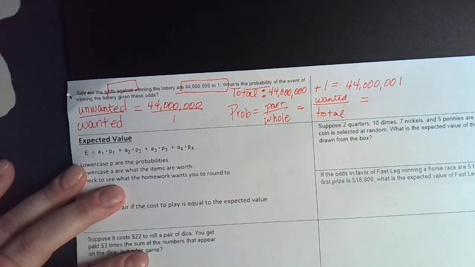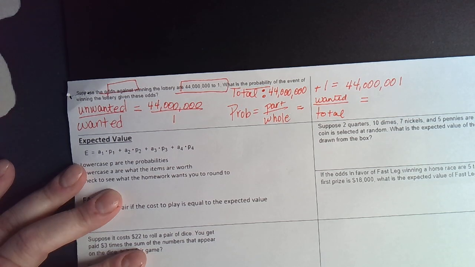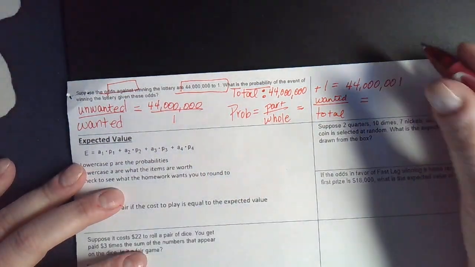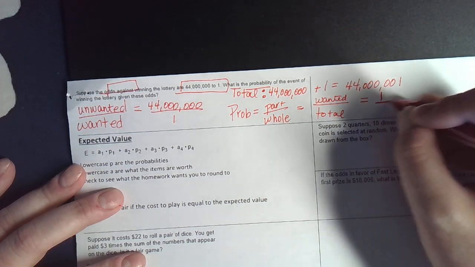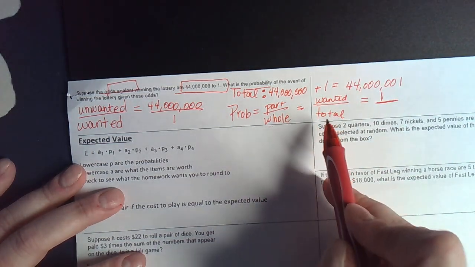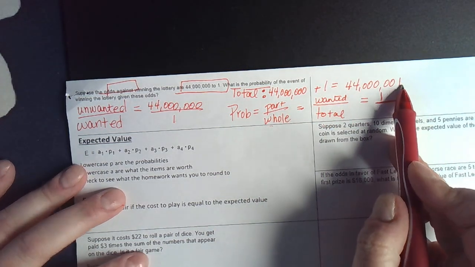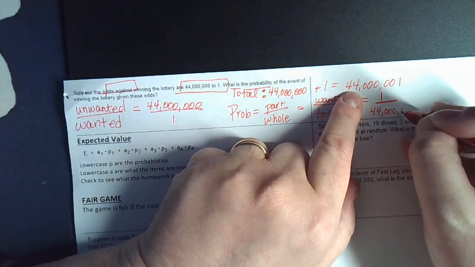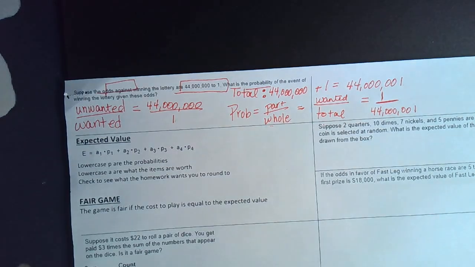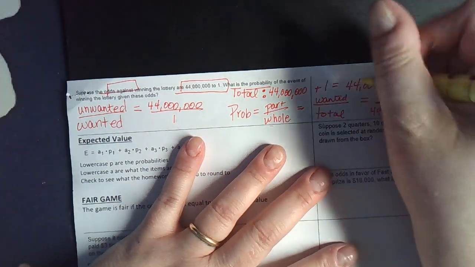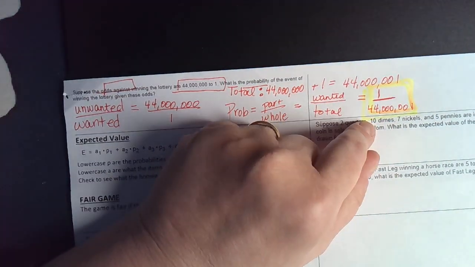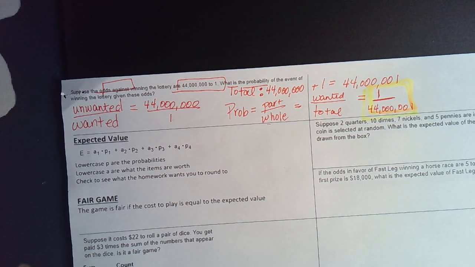So let's see here. How many people do you want to win the lottery? 1. So that's 1 over how many total people played the lottery? Well, this says 44 million and 1. So the probability of winning the lottery given these odds is 1 over 44 million and 1.